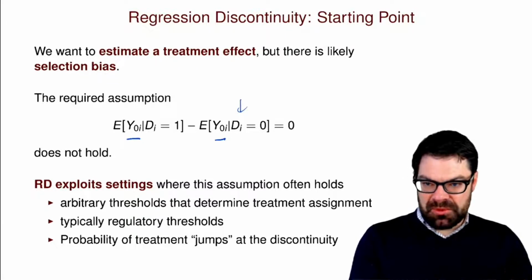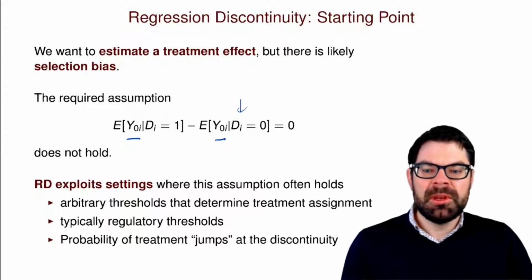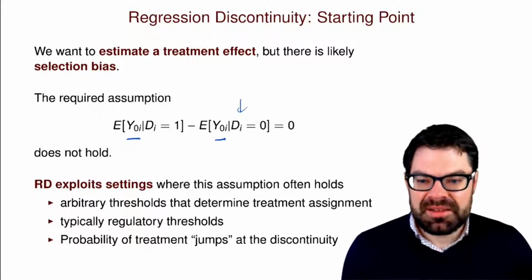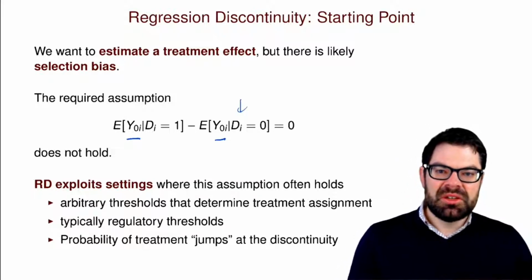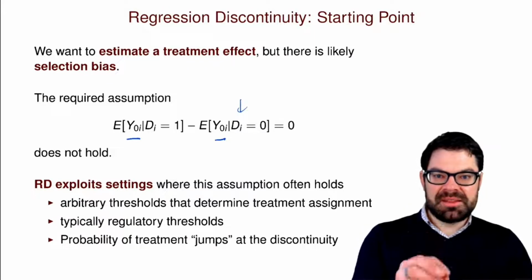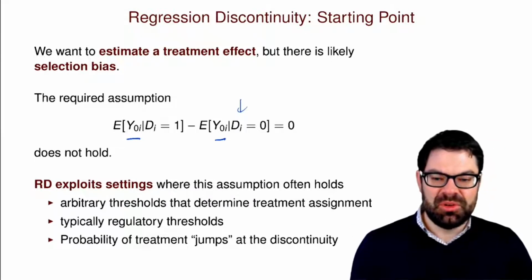We've learned already about techniques such as instrumental variables, and regression discontinuity is another technique that does exactly that. It allows us to estimate a causal effect because it applies to a part of the population where that assumption holds.